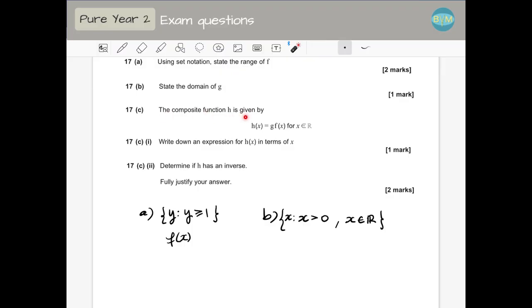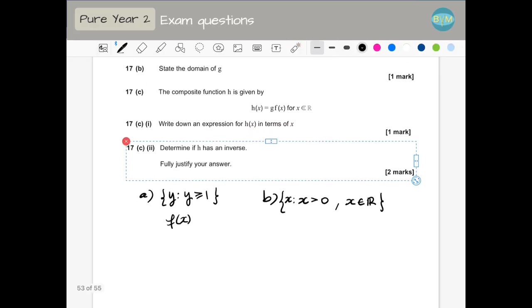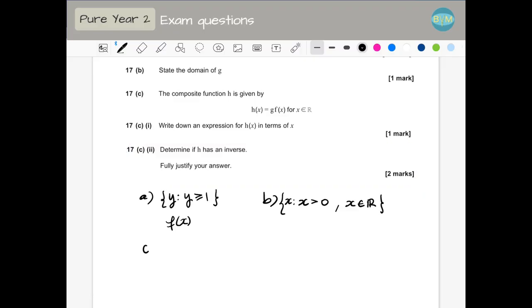Composite function h is given by g of f of x for any real numbers. Write an expression for h(x) in terms of x. So remember, when we do a composite function, h(x) is g of f. We apply f first, so always the one closest to the x, and then we apply g to this value here.